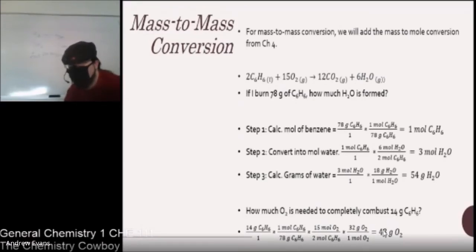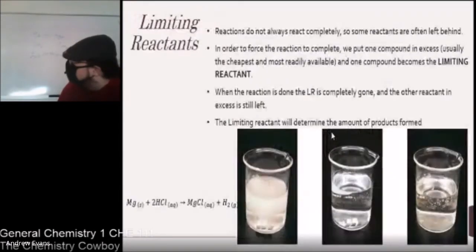You could find the molar mass of every compound in this reaction, but none of these questions have asked you about CO2, so finding the molar mass of CO2 would not be helpful. So we want to diagram where we want to go. Okay, nope, I want to be over here.